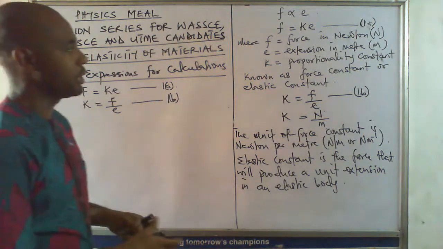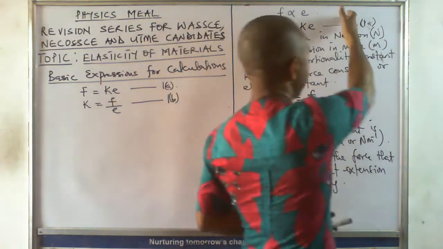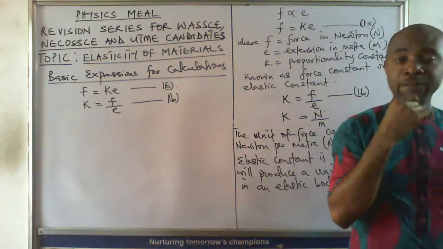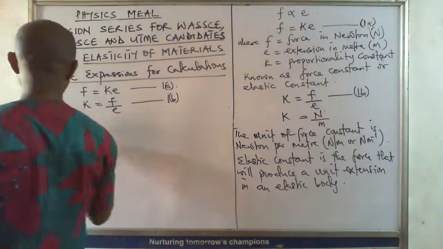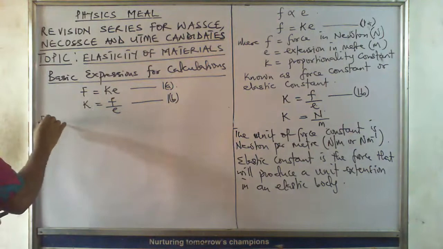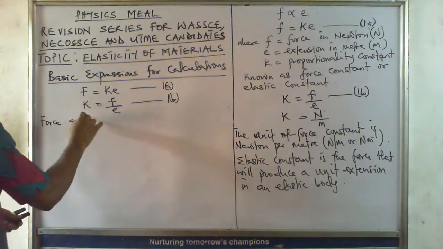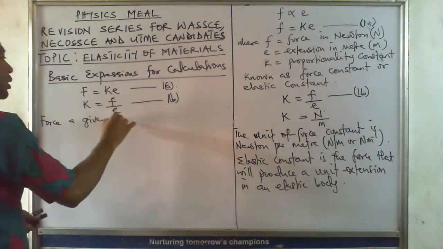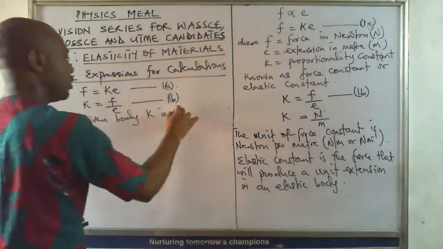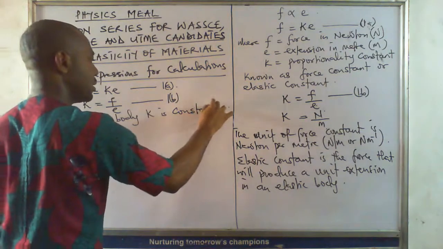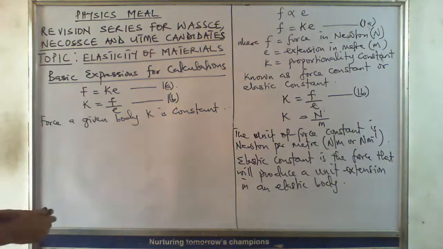They are still on the board anyway. Now, for a given material, or a given substance, or a given body, K is constant.